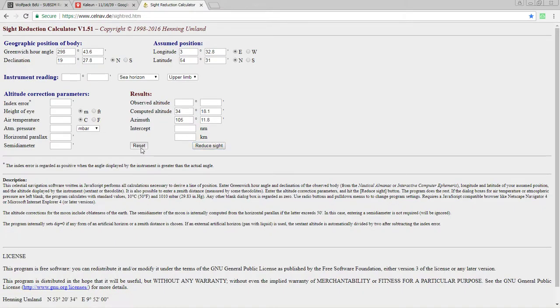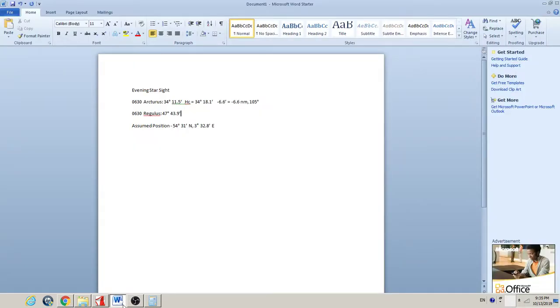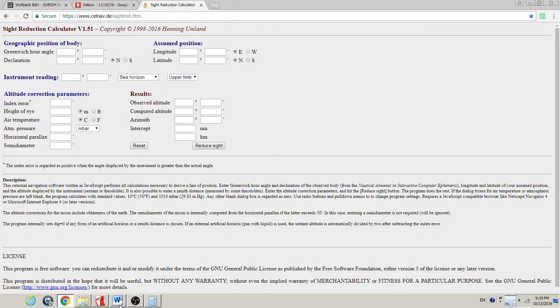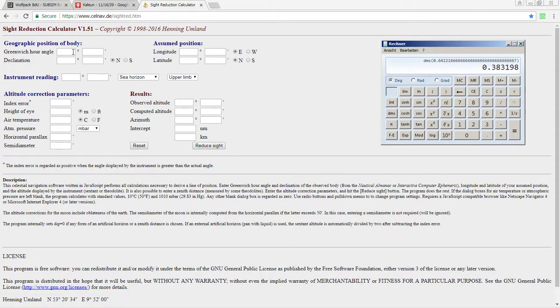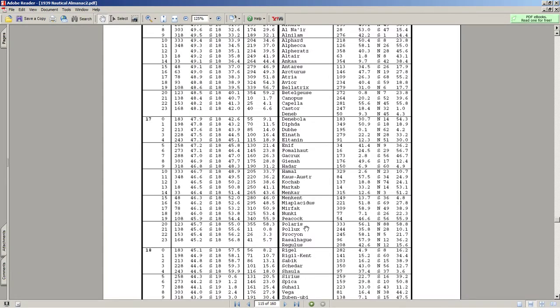Let's reset this. Should have made a note of my latitude. We'll have to recalculate that. Or no, sorry, I have it noted here. So we have 0 degrees and 38.5 minutes. Now we need to get the declination, which is right next to it, right here.